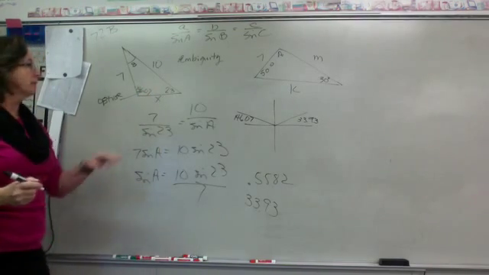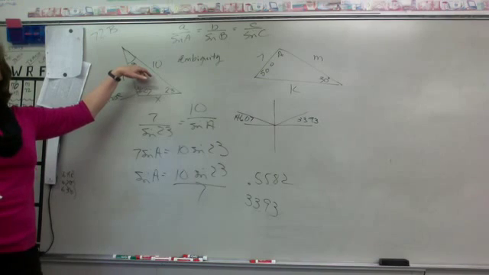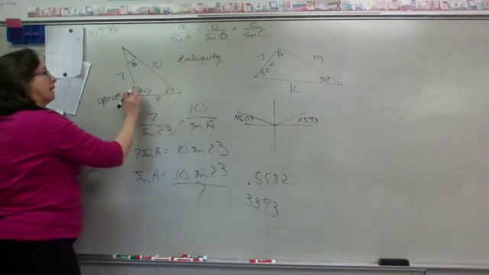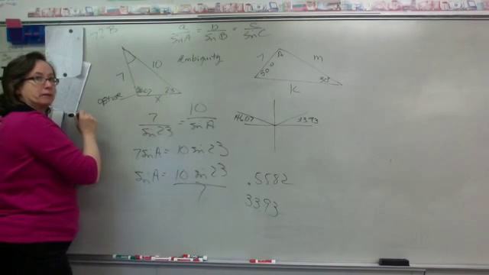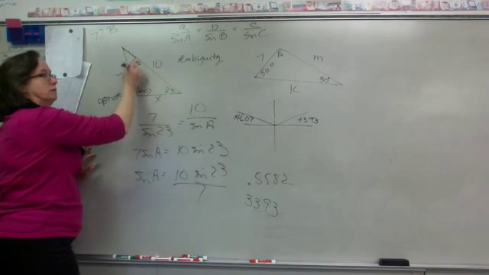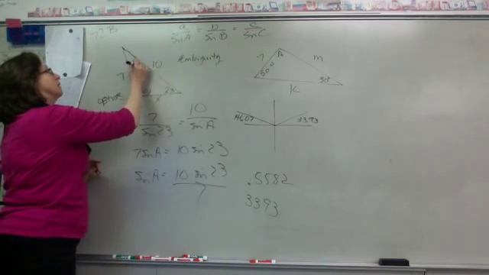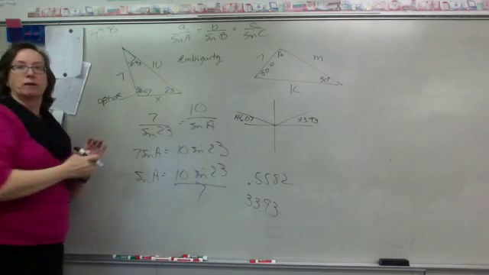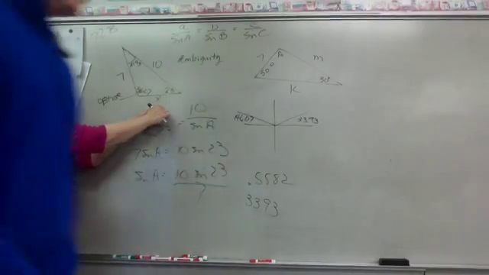Okay, and then since I know two angles, do I know the third angle? Yes. All right, so if I add those together and subtract from 180, what is this angle up here? 10.93 is the angle. So when I add all those up, I get 180, right? Yes. So then, what am I missing still? This one right here.